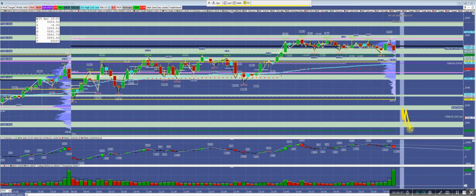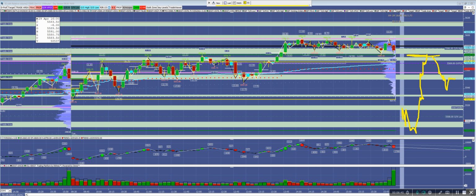I'm looking for a test down to the range low of Monday, a dip down, fail to hold below, and move back up, and then come back, test the range low from yesterday, and then break back inside and go up and start making our way back up through, testing this LVN, and then failing and coming down and chopping in the lower distribution and closing somewhere inside of yesterday's range.